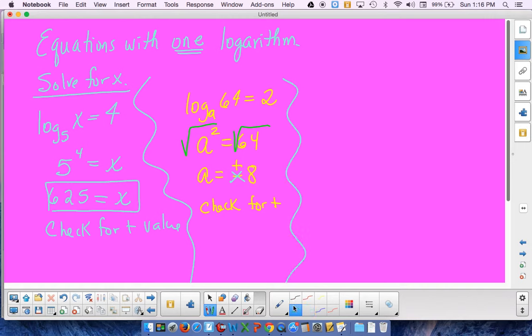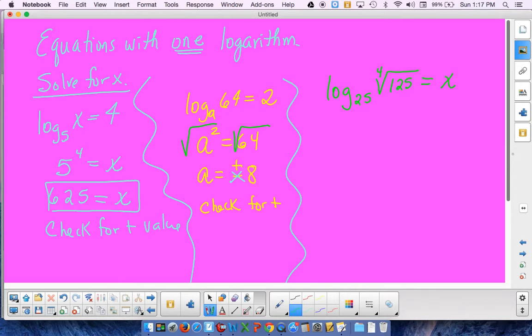Okay, finally, probably the most challenging of these type of problems is the ones that look something like this. What if I was to give you log base 25 of the fourth root of 125 equals x?